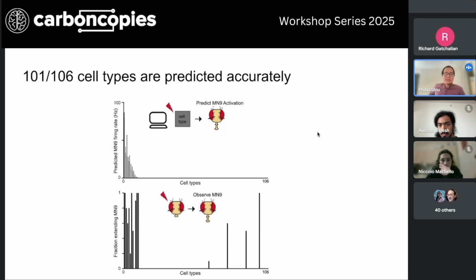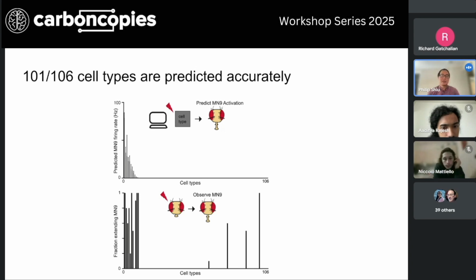And we basically did the same thing, but with optogenetics and biological flies. So we shined a red light onto these flies, activating these neurons, and asked whether or not motor neuron 9 was activated. That is to say, whether or not the proboscis was extended.